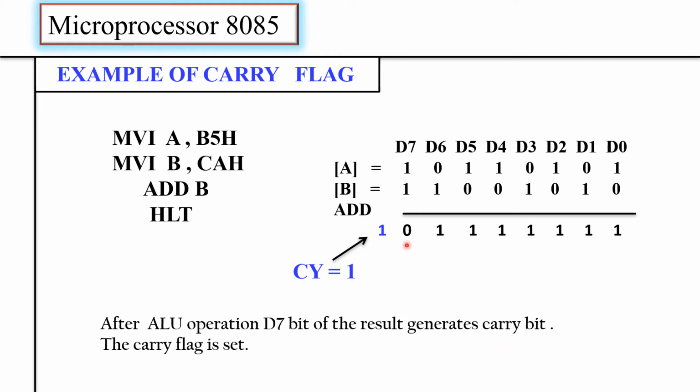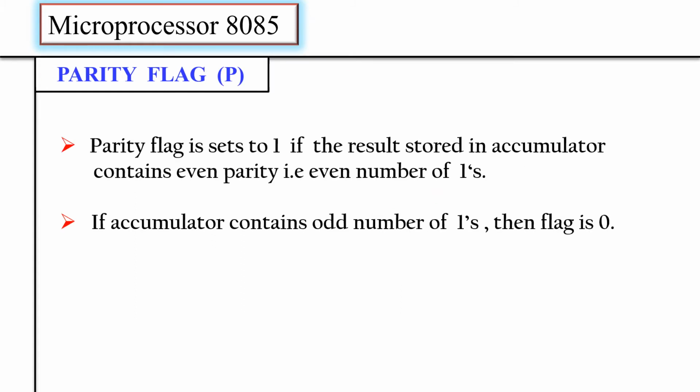If no carry had been generated, the carry bit would have been 0 and the carry flag would have been reset, right? This shows how the carry bit is set or reset. Similarly, in subtraction also, a borrow will set the carry, and no borrow will reset the carry. Clear?